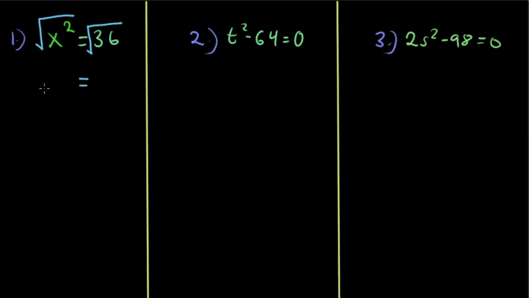Lagyan ko ng equal sign. Kapag nag-extract ka ng root ng isang value na naka-raise sa 2, it's basically the same thing as canceling the square and the radical sign. So ano na lang matitira sa'yo? Yung radicand, which is x. Hindi nakasaming exponent kasi na-cancel out siya dito.